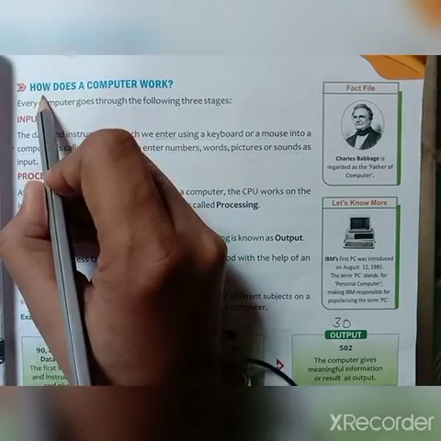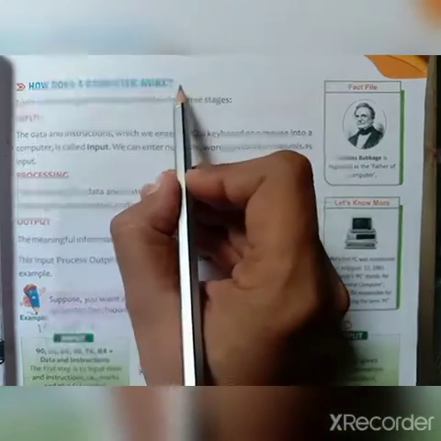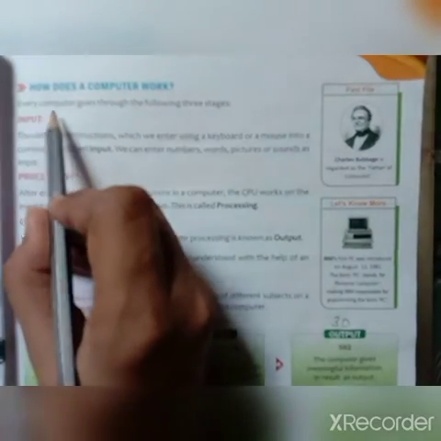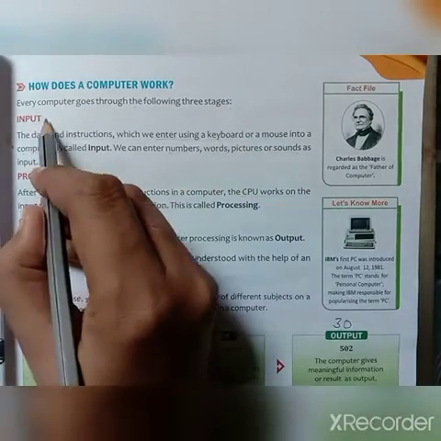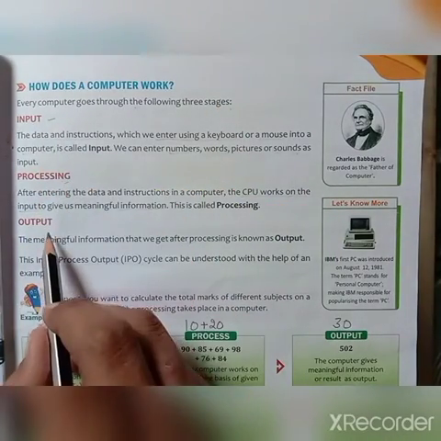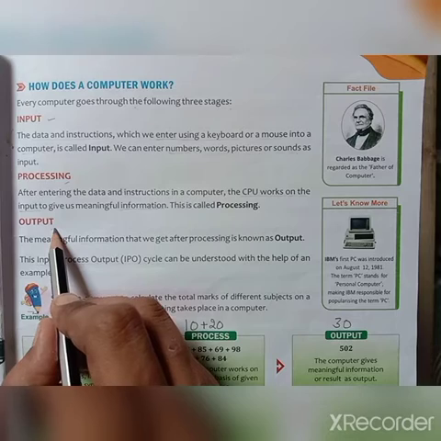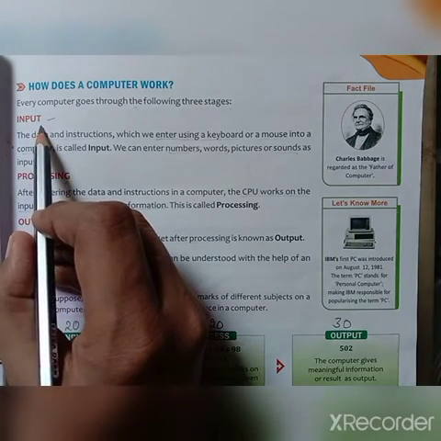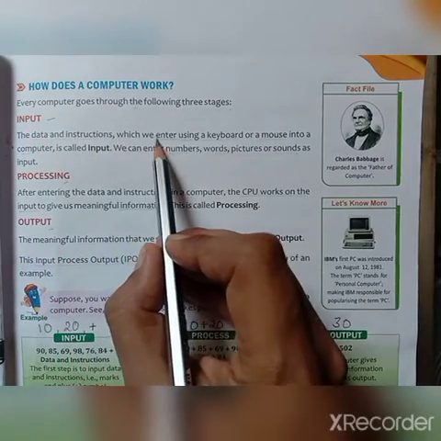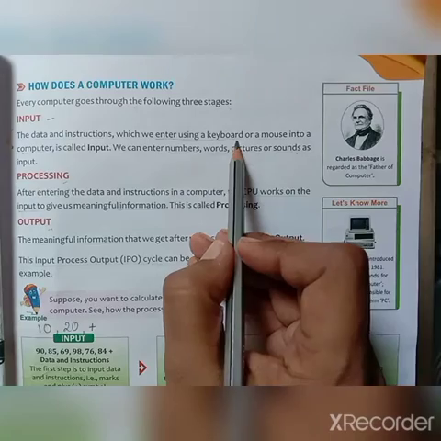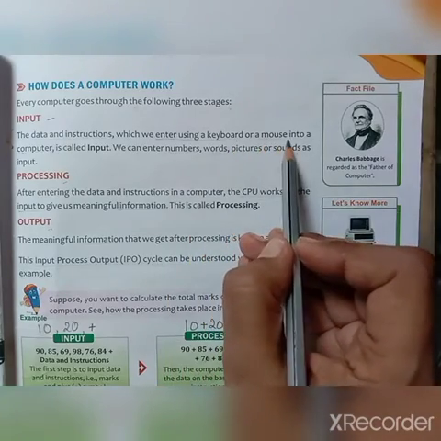Now we discuss how a computer works. Every computer goes through the following three stages. These are three stages a computer goes through to perform any type of work. First, input. What is input? The data and the instructions which we enter into a computer using a keyboard or a mouse.